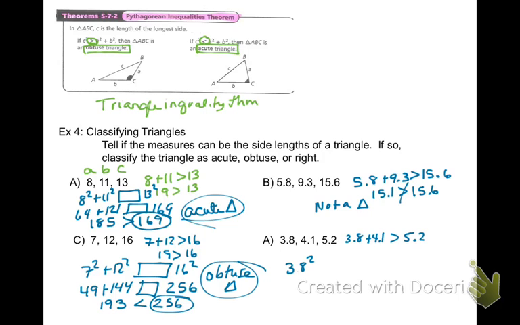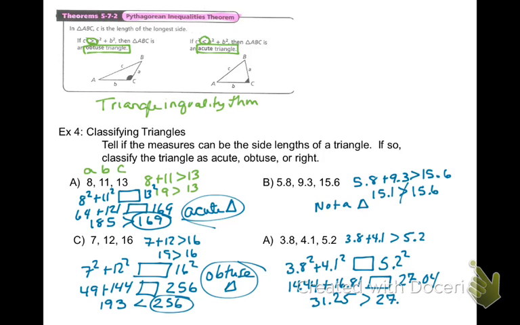So then we do 3.8 squared plus 4.1 squared is something to 5.2 squared. 3.8 squared is 14.44, plus 4.1 squared is 16.81, and 5.2 squared is 27.04. 14.44 plus 16.81 equals 31.25, which is greater than 27.04. Since c squared is smaller, that must mean it's acute.